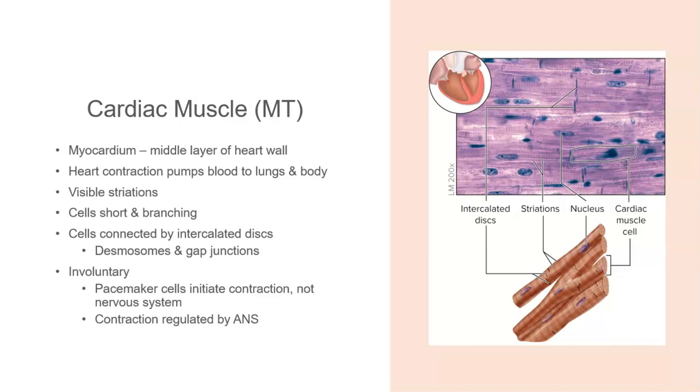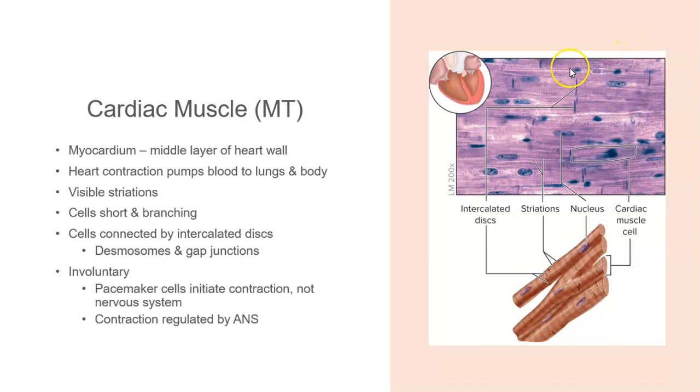Desmosomes form spot welds. Now remember, that keeps these cells from pulling apart, because from the time your heart is formed in your mother's uterus until the day you die, these cells are contracting an average of 75 times a minute as a unit. So all of these cells contracting are under great force. Those desmosomes anchor them or spot weld them together.